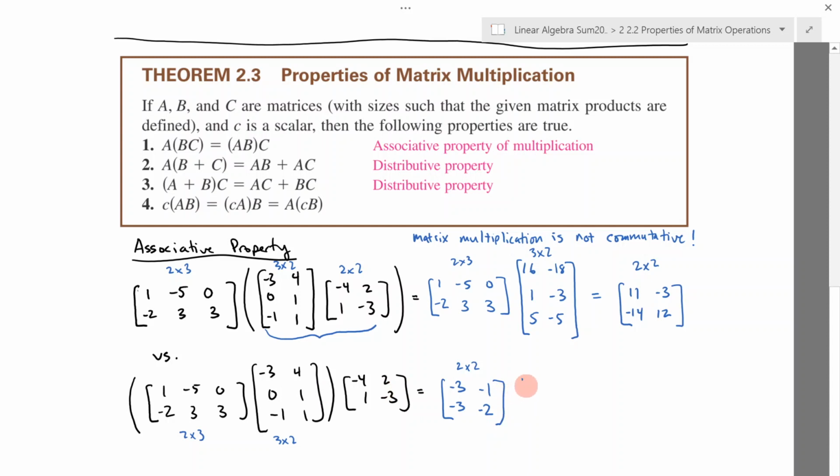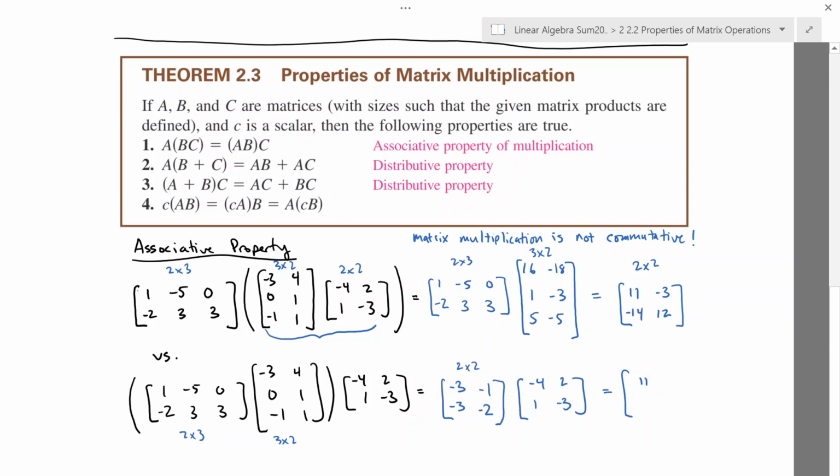Then this one stays the same. So multiplying these, you get 12. 12 minus 1 is 11.